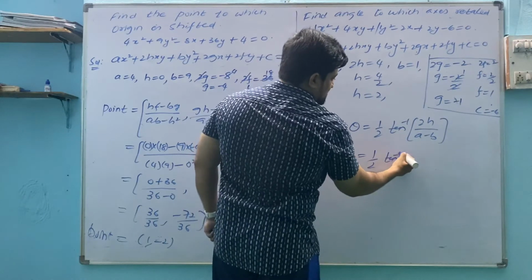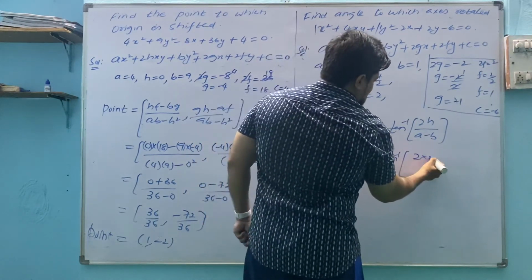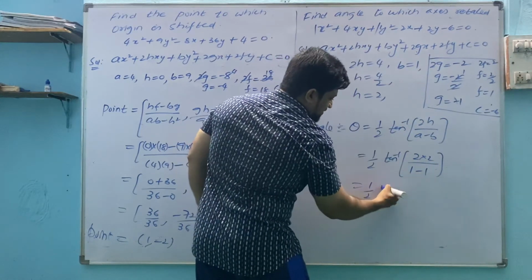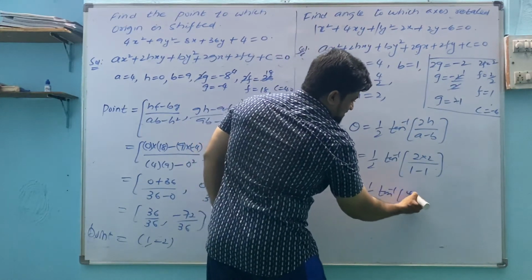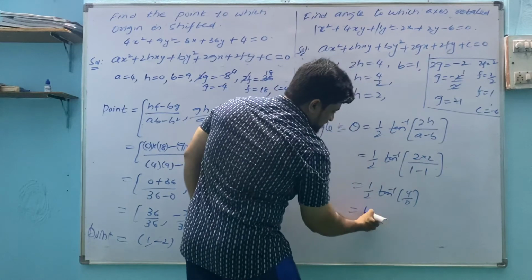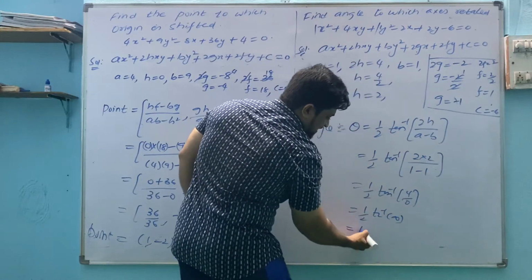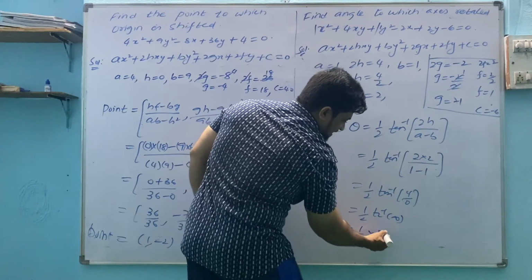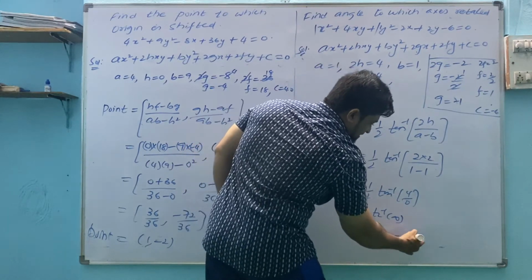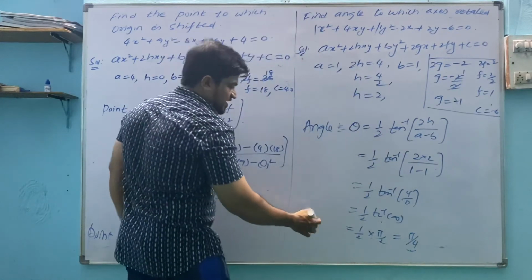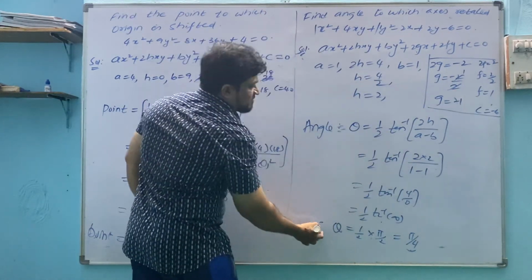Tan inverse 2 into h, 2 into 2 by a minus b, 1 minus 1. So half tan inverse 4 by 0. 4 by 0 is not defined. Tan inverse of not defined, in trigonometry you find this value, that is 90. This is pi by 4. You can leave it up to this mark if you don't know the formula of infinity. So this is the theta value.